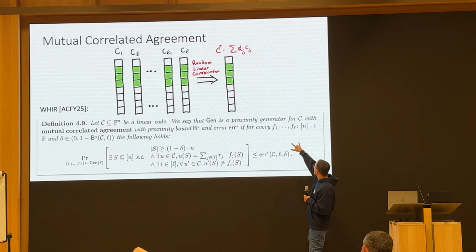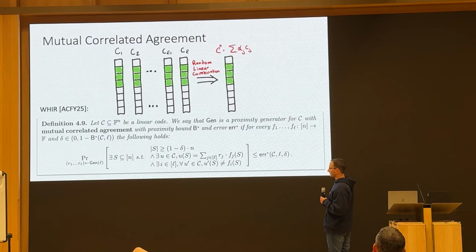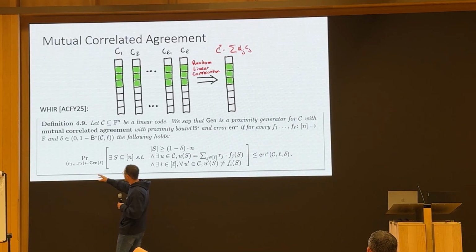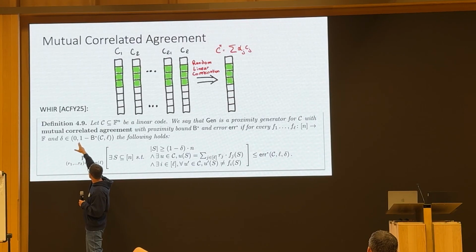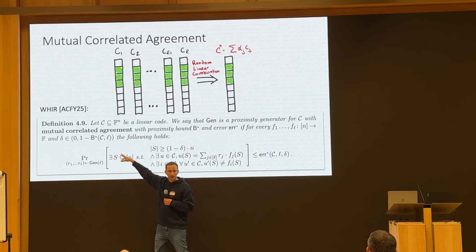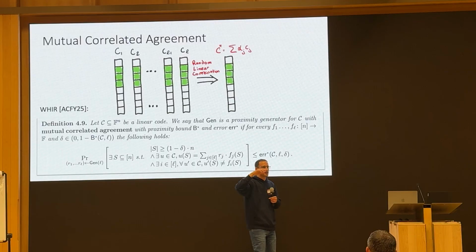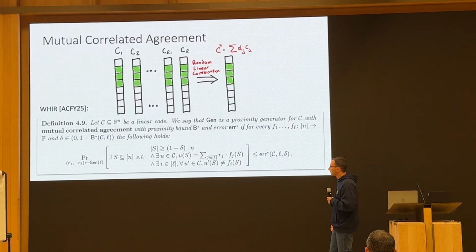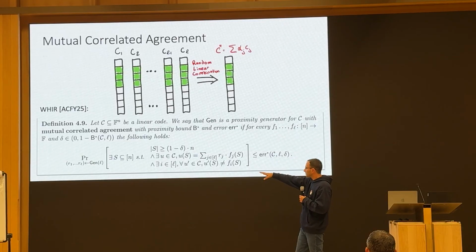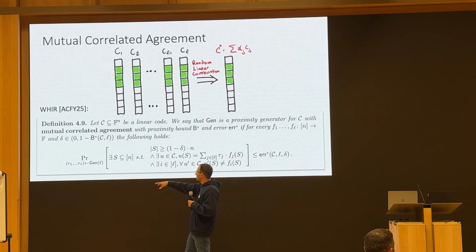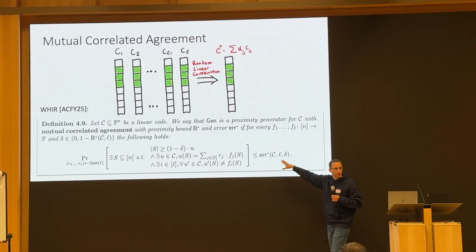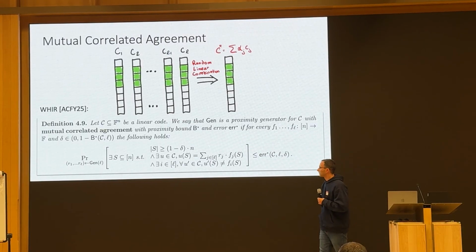It holds if for every n-tuple of functions that we take, and for every distance between 0 and 1 minus B star, so think 1 minus square root rho or 1 minus rho, depending on what we do, the following holds. The probability that something holds is small. We have a small error of something holding.